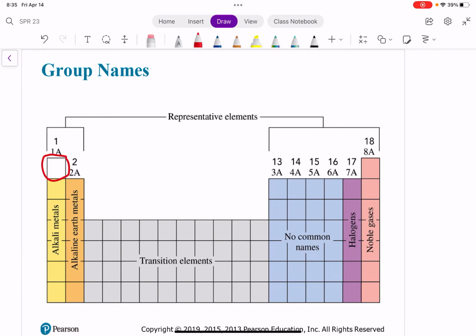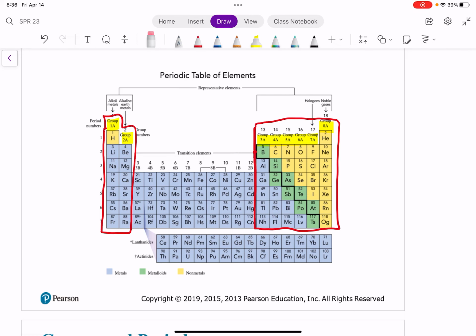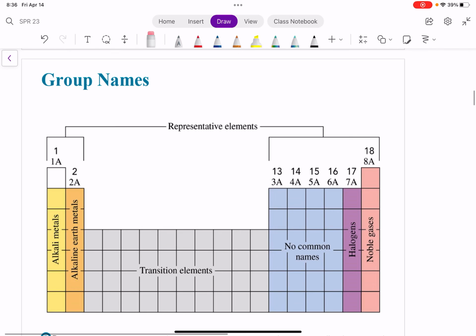It's not included in this first group that we're going to talk about, so just keep that in mind. Hydrogen is a bit of an outlier sometimes, and even on this periodic table, hydrogen is in yellow. Hydrogen is a gas in its natural state, a gas at room temperature, and these other ones are metals in blue. Anyway, we'll get into that.